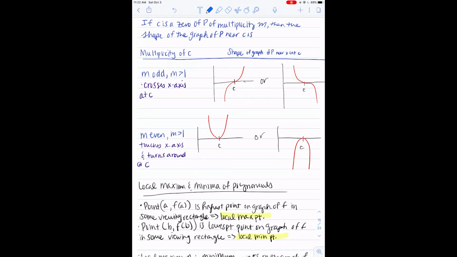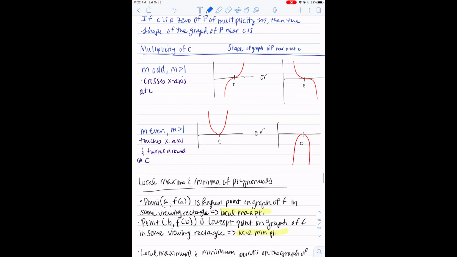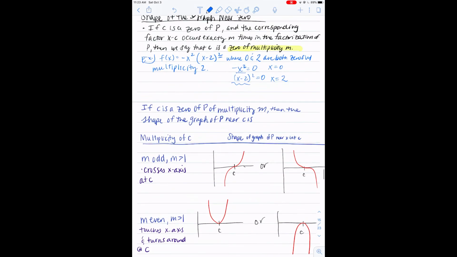Okay. So here we can look at the shape of the graph. If c is a 0 of p of multiplicity m, then the shape of the graph of p near c is as follows. Here we have the multiplicity of c, and I'm breaking it into odd and even. In both cases m is greater than 1, because if m was 1, it would just be a line.